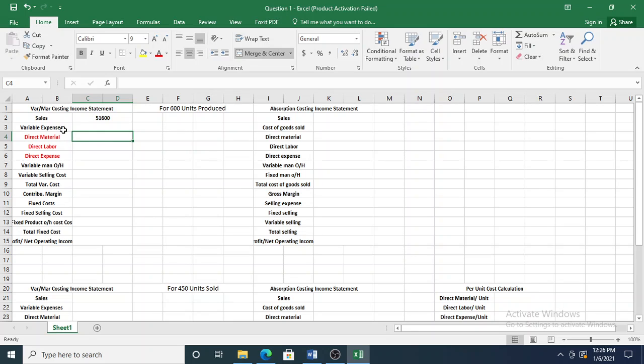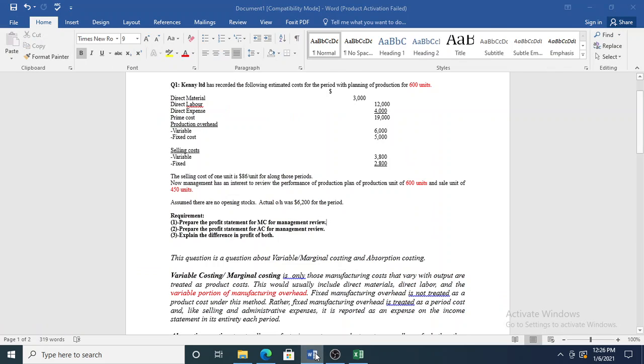We will add direct material, direct labor, and direct expenses, which collectively are called prime costs, with variable manufacturing overhead and variable selling costs. We will add these and we will reach the variable expenses. So direct material cost is 3,000.